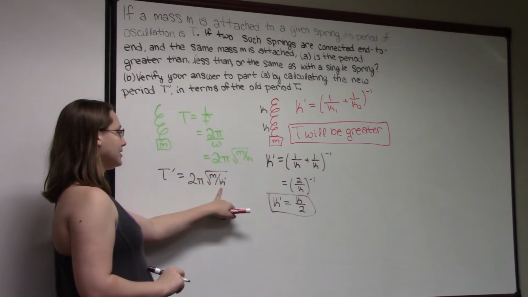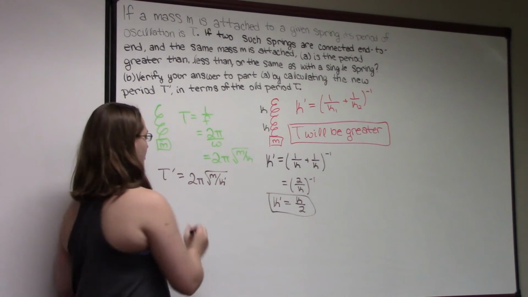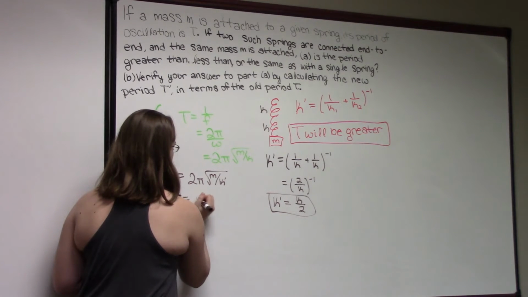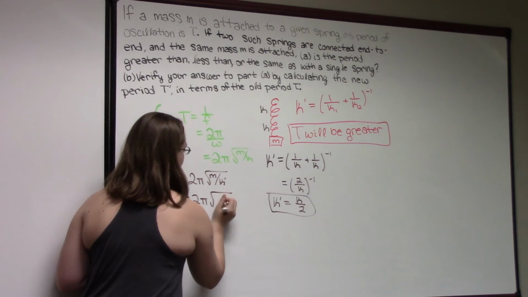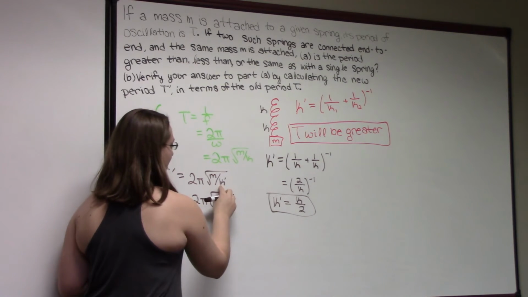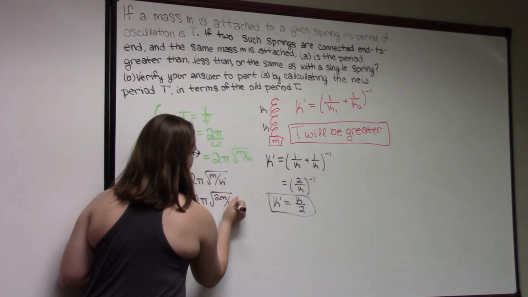So the only thing that changed between these two setups was our k value. We plug in our new k in terms of our old k. We have m over k prime gives us 2m over k.